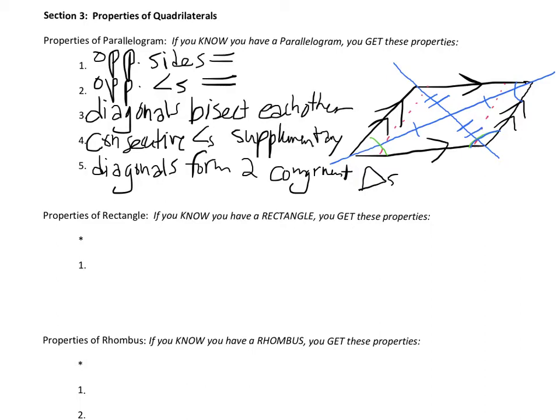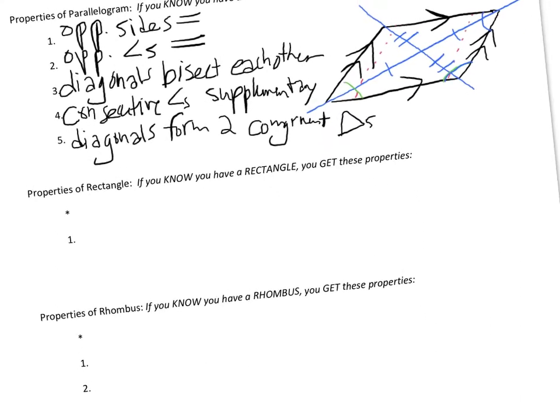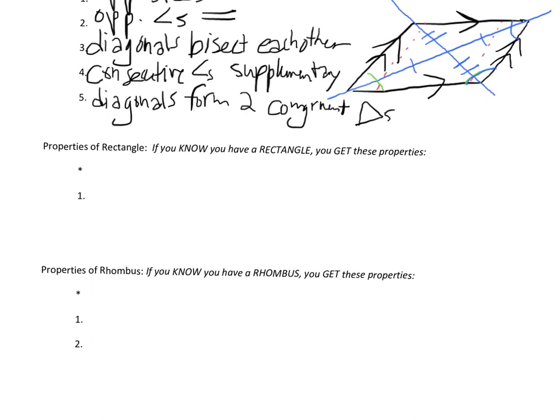Now if we move down to the properties of a rectangle, those are additional things besides what we already know about rectangles. And we know a rectangle is a parallelogram and it has 4 right angles. So since we know it's a parallelogram, it also inherits all the properties of a parallelogram.